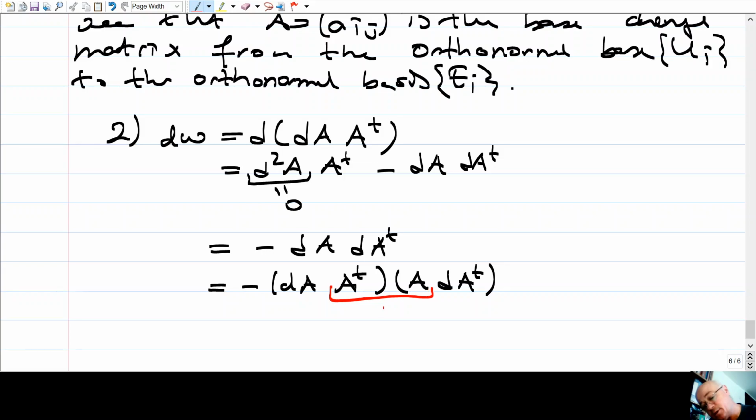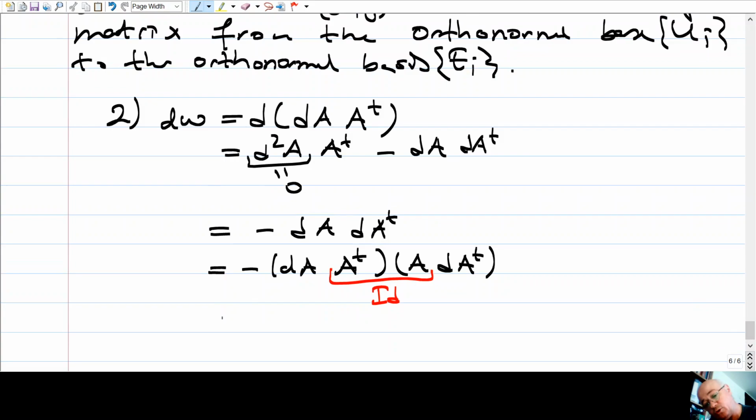This is just identity, so I can insert that in between the two terms.